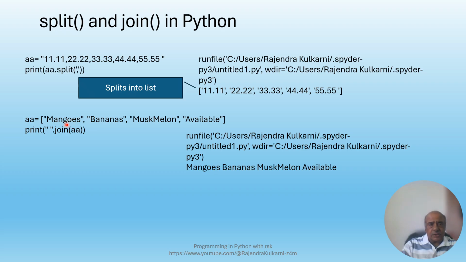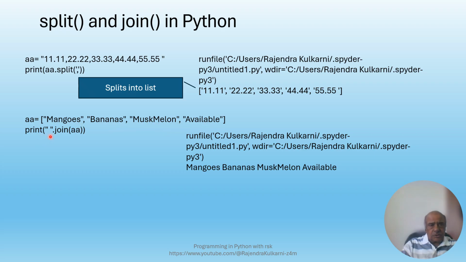A string is a collection of characters, whereas a list can be a collection of multiple values of different data types, but here we are using it only to include strings: mangoes, bananas, muskmelon.